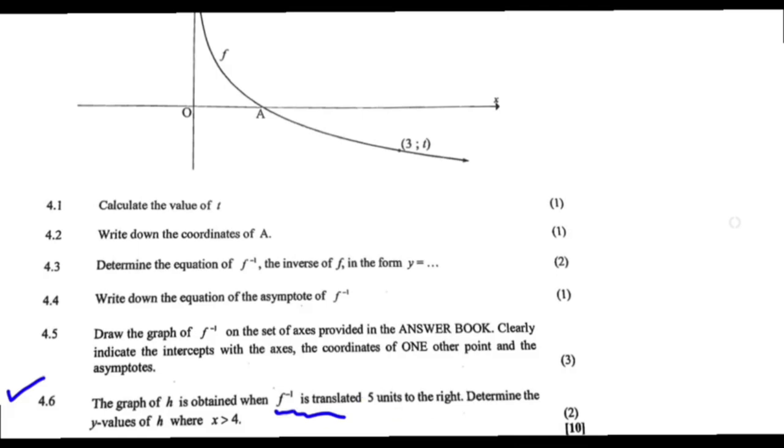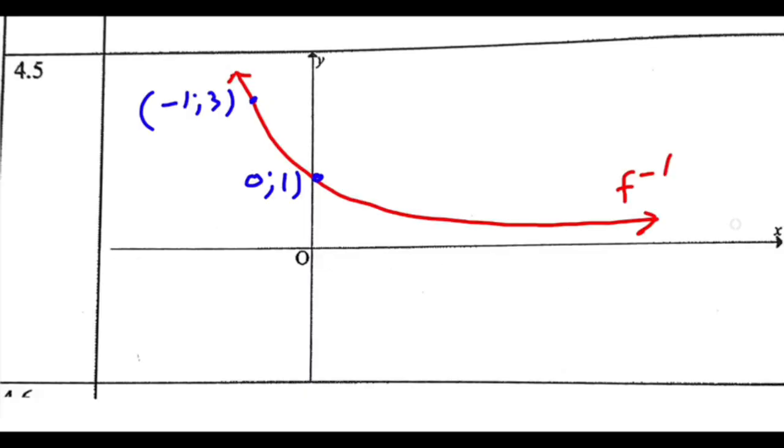First we have to look at this. We must remember, x is negative 1 here. Translated 5 units to the right, so add 5 to negative 1, it becomes positive 4 somewhere here.